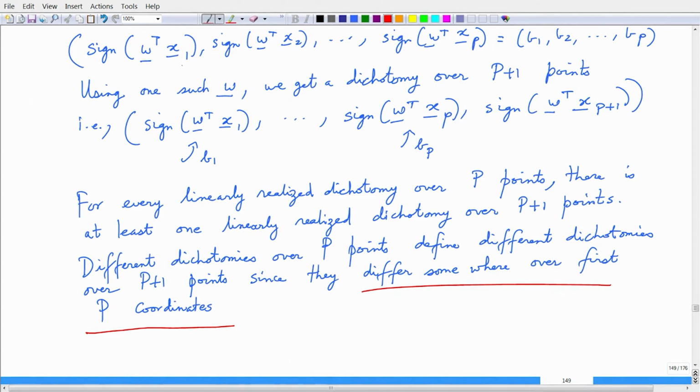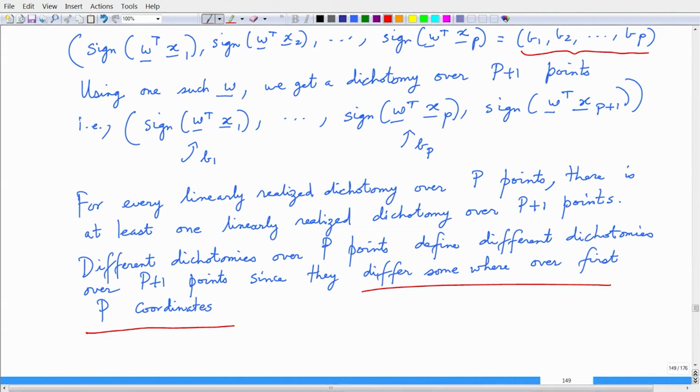Sign of w transpose x1 is B1, sign of w transpose x2 is B2, and so on. So, I have a hyperplane w. When I take the inner product with the point and then take the sign, I get these attributes B1, B2 and so on till B_p.